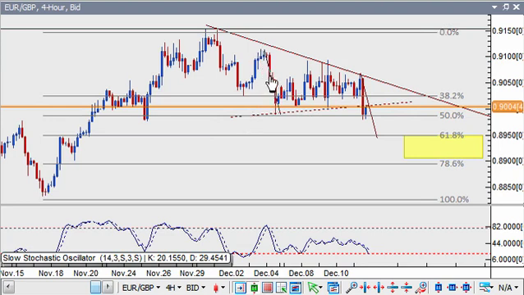So now we have our swing projection that would bring us to about the 0.8950 area. So this area, which is also 61.8% retracement of this swing, will be tested as support, and if the market can bottom here, it may rally and test this resistance.